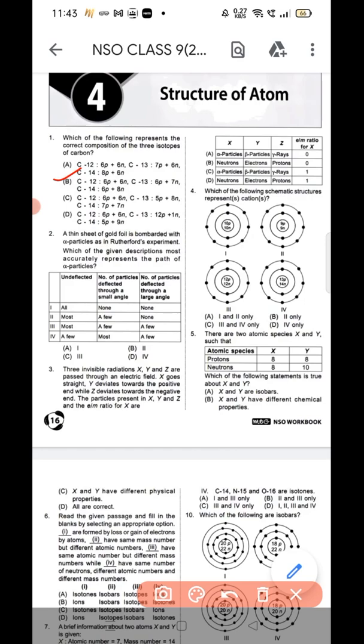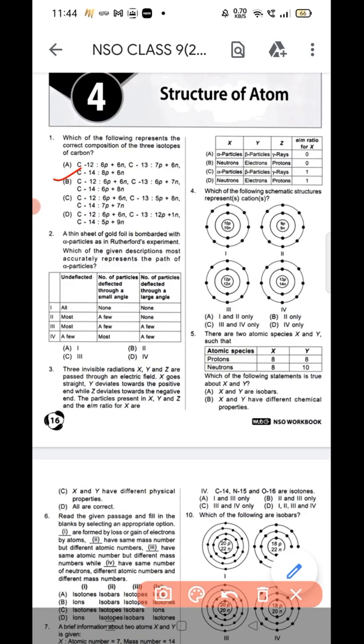Now question number 2, option C is the correct answer, because in option number 3, most of the alpha particles are undeflected. They will go and get to the ZnS screen.